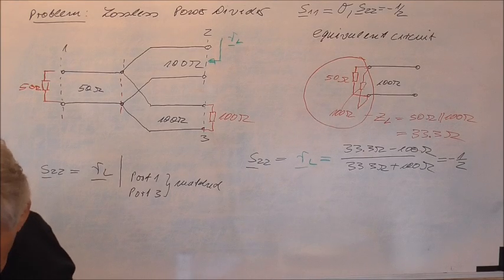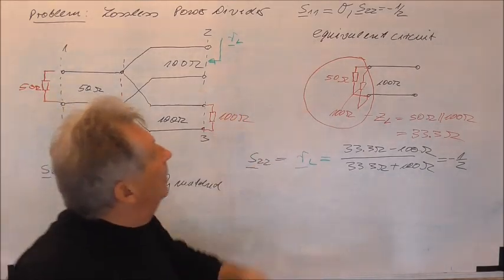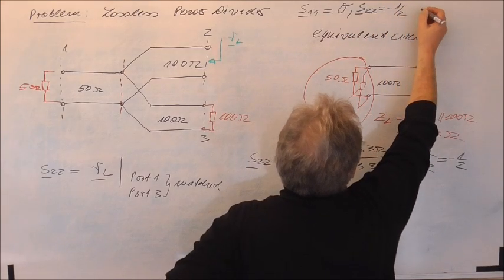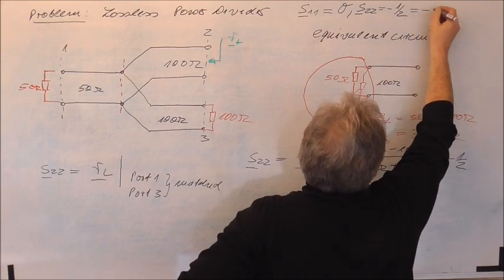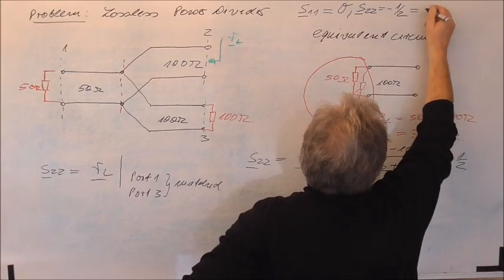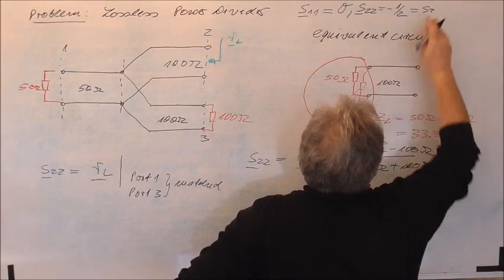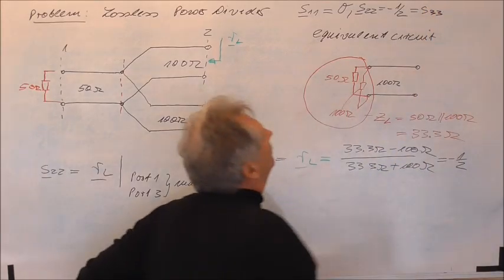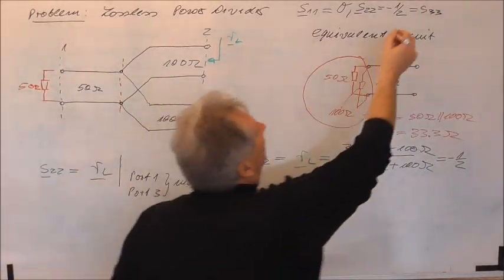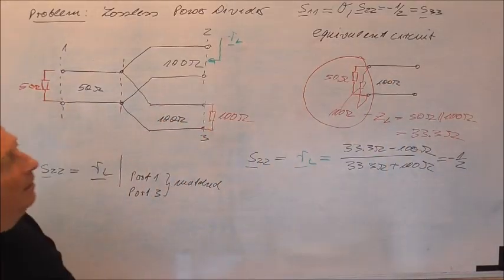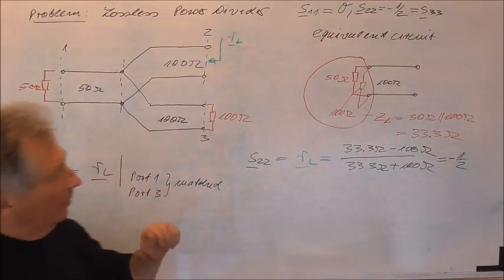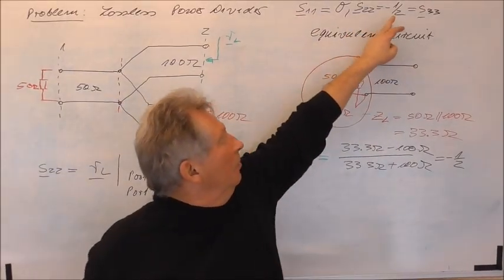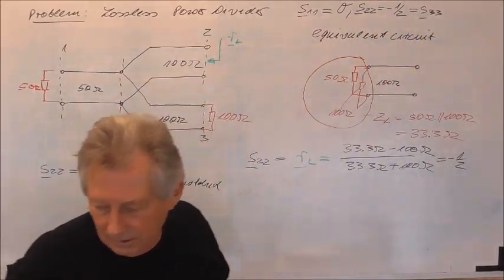So we can conclude that S22 is equal to S33. So these both are equivalent. So we have S11 is 0, S22 is minus 1/2, and this is equal to S33.